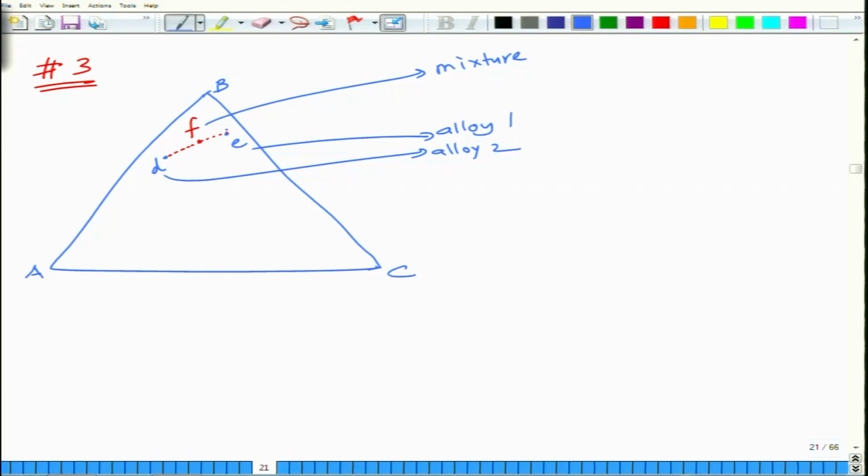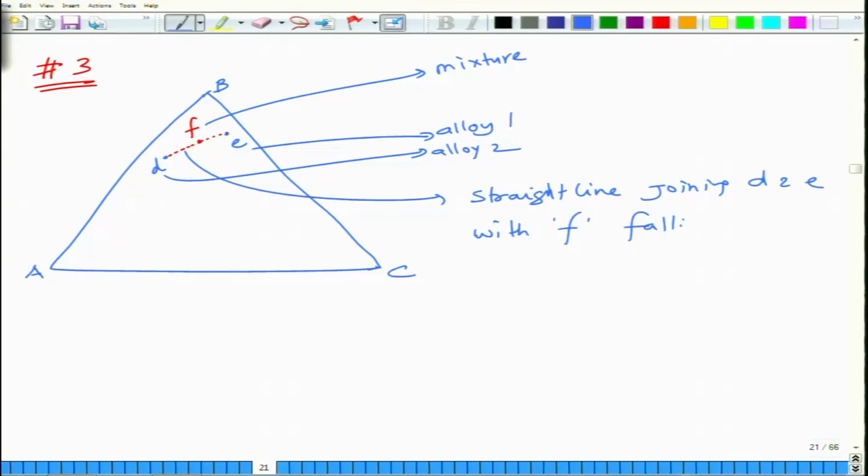This is the straight line joining D and E with F falling on it, and this line is called the tie line.